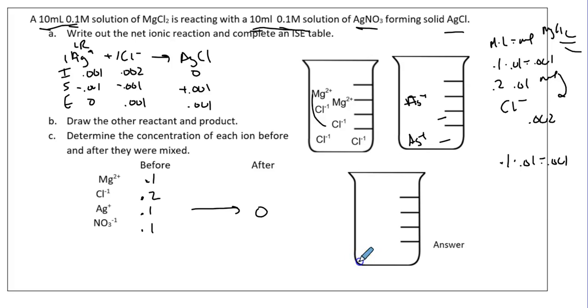Alright, let's draw the final beaker. 1 silver grabs 1 chloride to form AgCl. 1 silver grabs 1 chloride to form AgCl. And everything else is left behind. The nitrates are here. So the negative equals nitrate. And then I have 2 chlorides and 2 magnesiums. So the magnesiums are spectators.